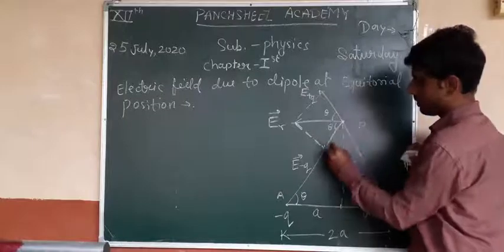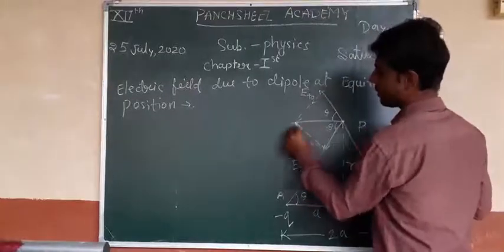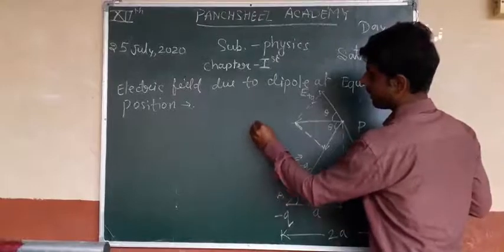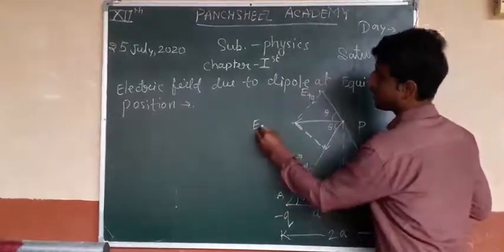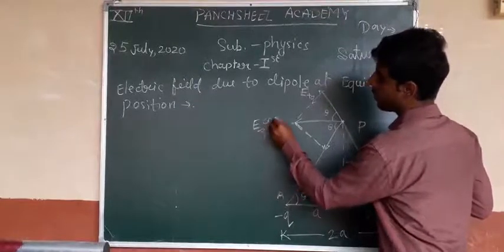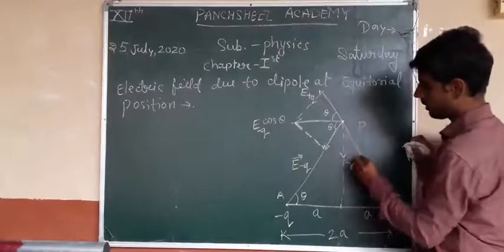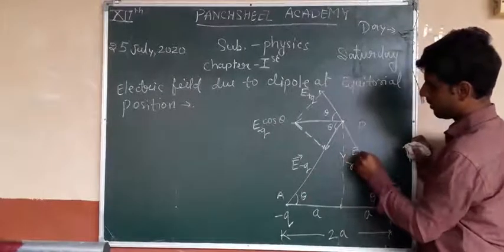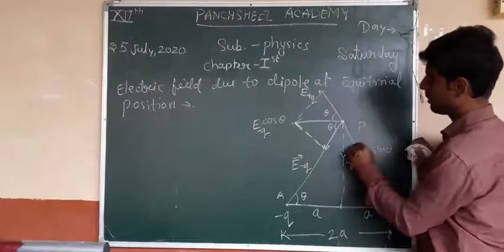So this is the horizontal, and what is the value of horizontal? Horizontal is E minus q cos theta, and here E minus q sin theta.